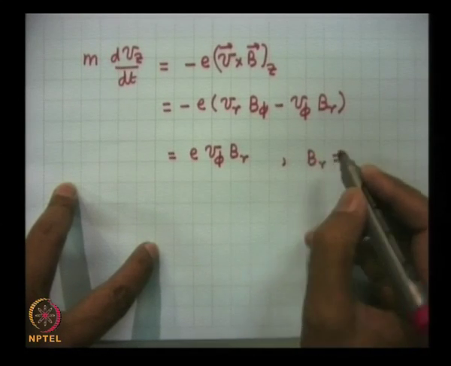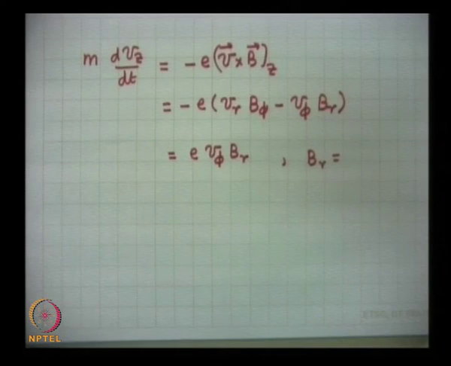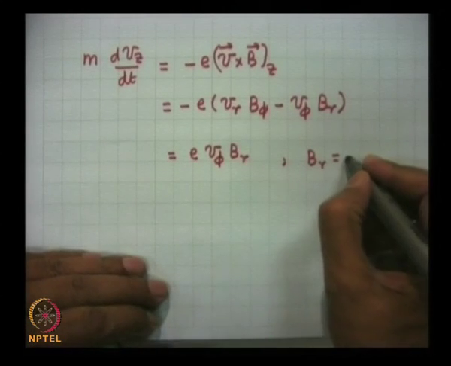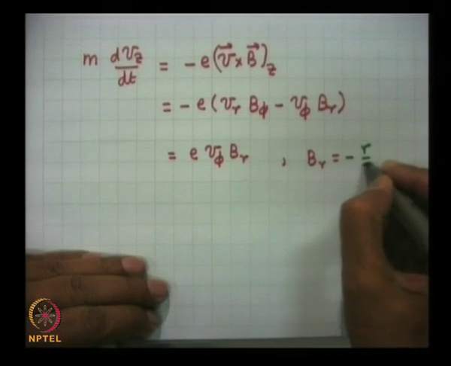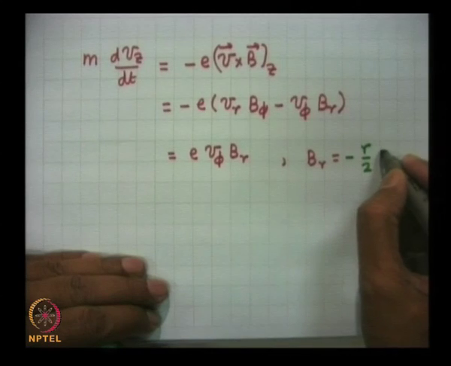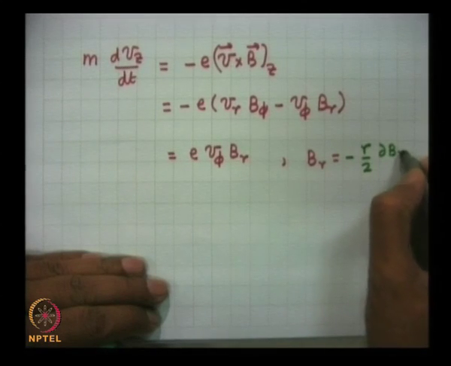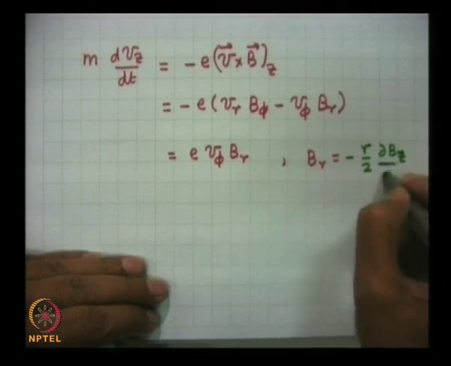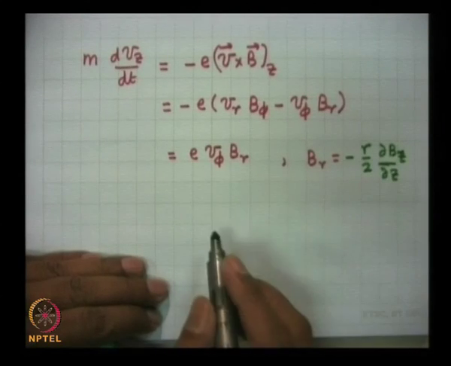But V_r we already obtained. V_r is equal to minus r by 2 delta B_z upon delta z. But what is r?